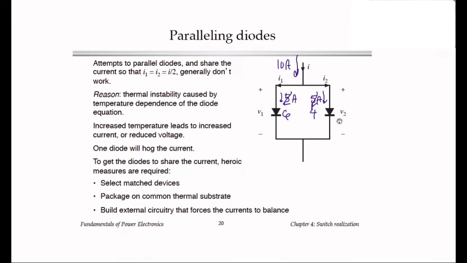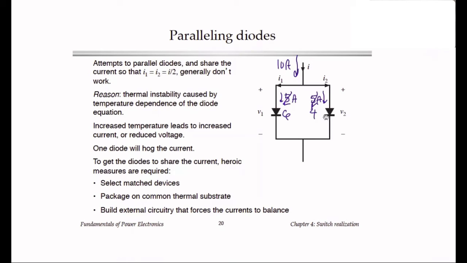And once it fails, all 10 amps go through diode 2, and diode 2 will surely fail as well. So in general, with minority carrier devices, we aren't able to connect them in parallel.